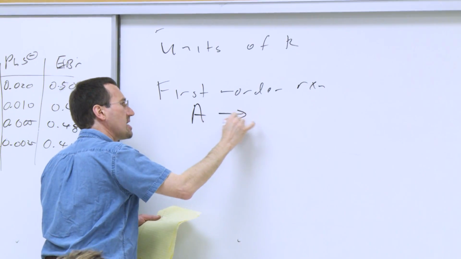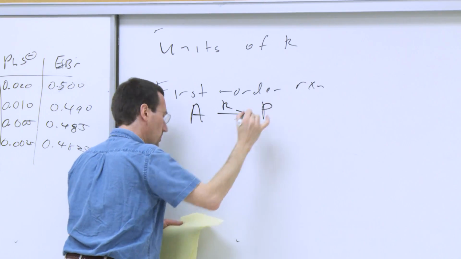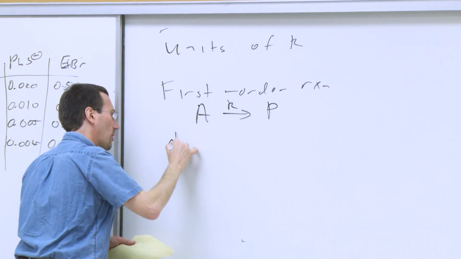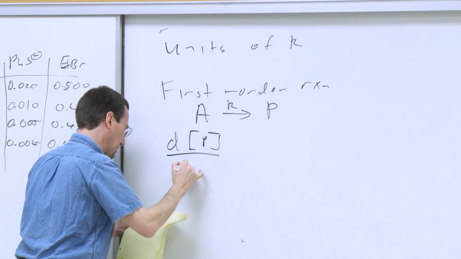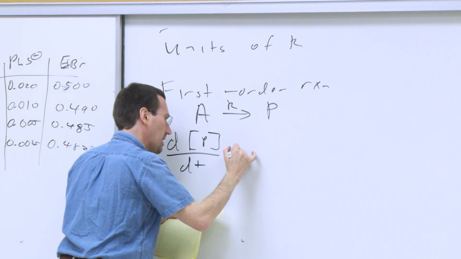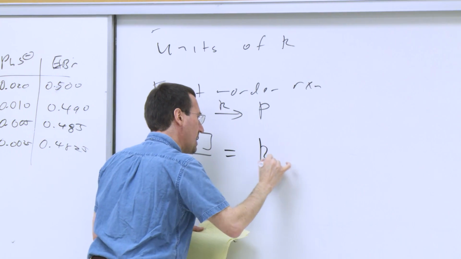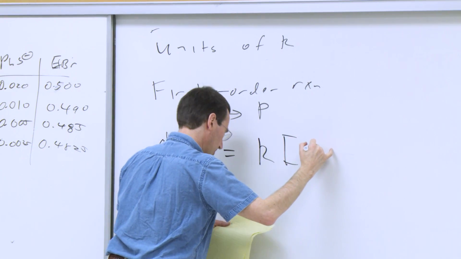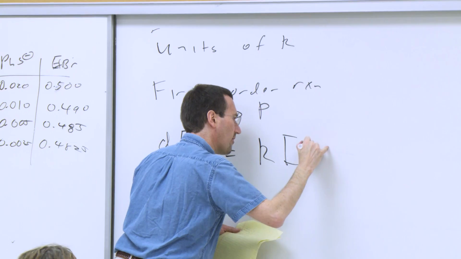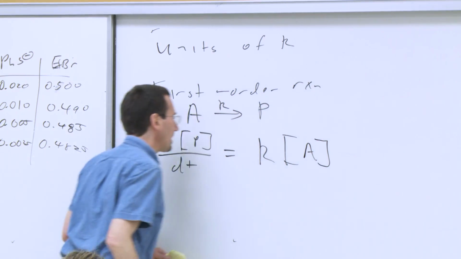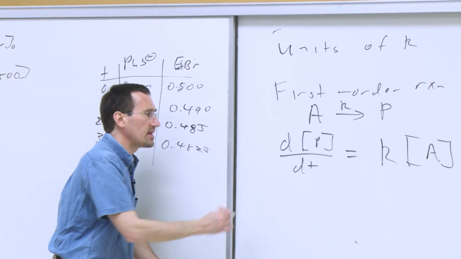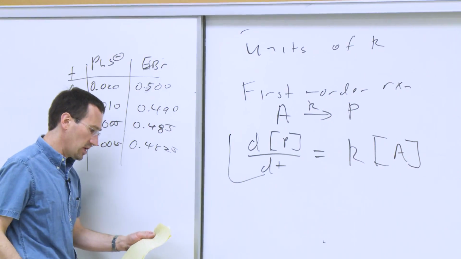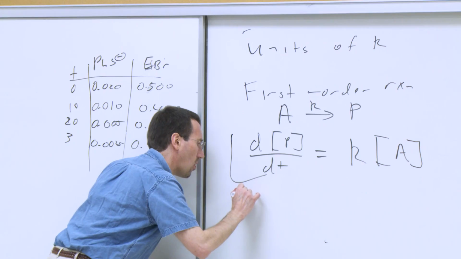So this is A with k goes to product, where we have d[P]/dt equals k times concentration of our reactant.